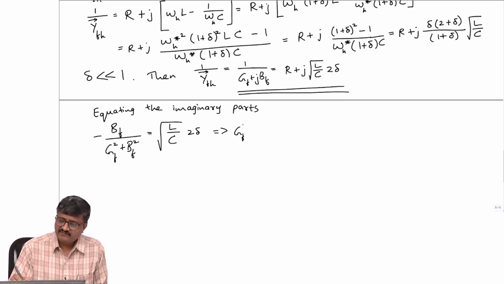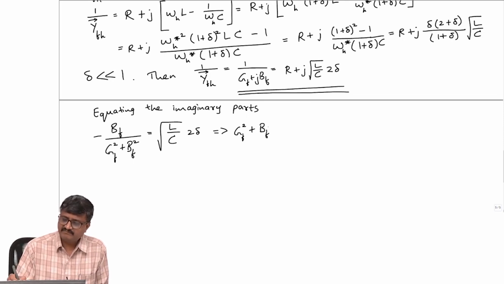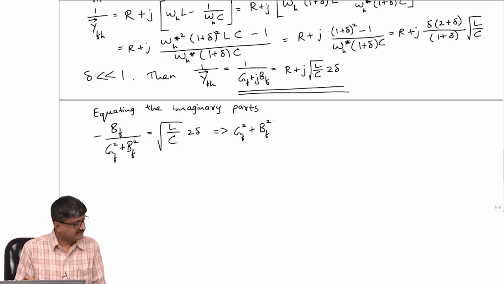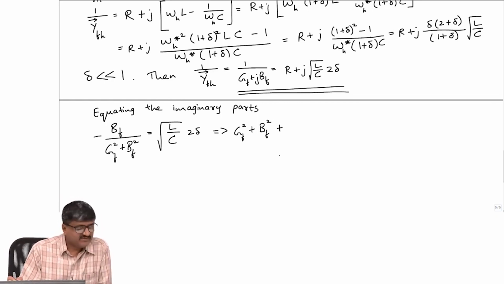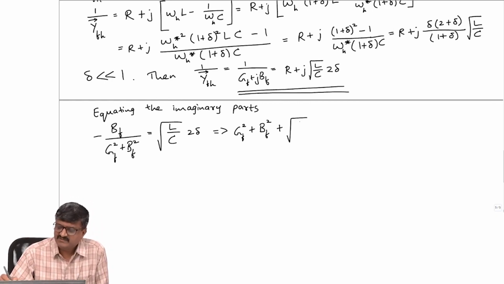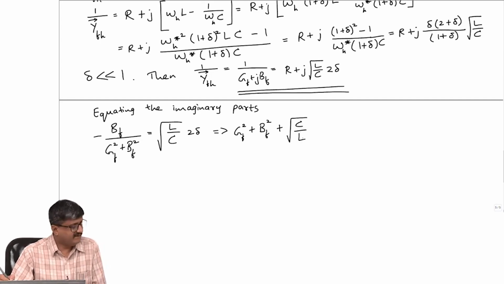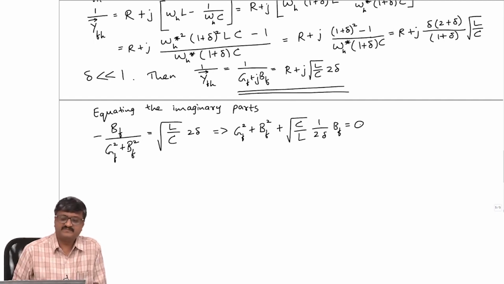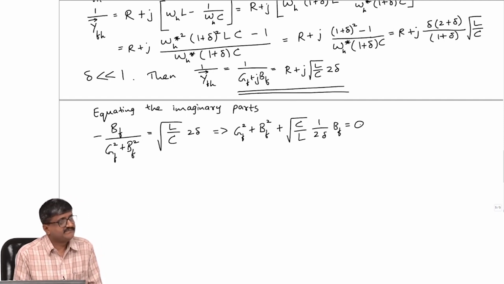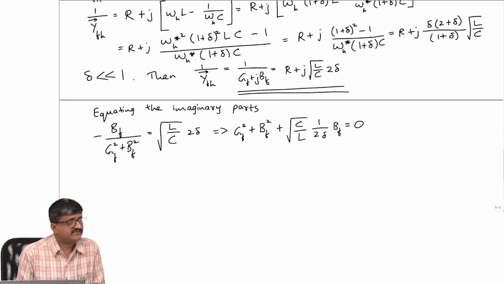GF square plus BF square, okay, I will shift all the terms to one side. So, this becomes plus root C by L into 1 by 2 delta BF equal to 0. Is this okay?